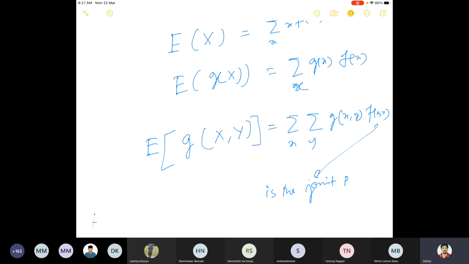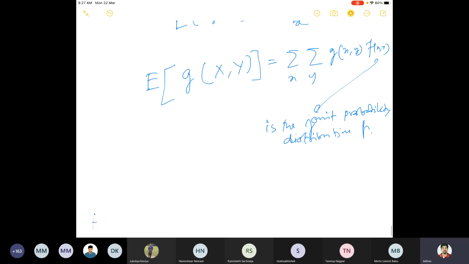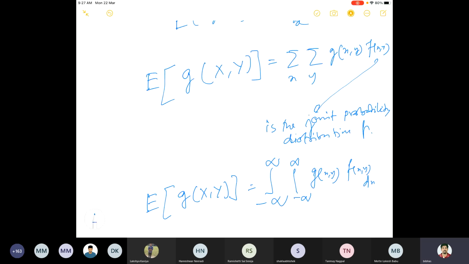For continuous random variables, it is the integral from minus infinity to infinity, minus infinity to infinity, of g of x y times f of x y, dx dy. This is just a simple extension of the concept of expectation from one random variable to a pair of random variables.